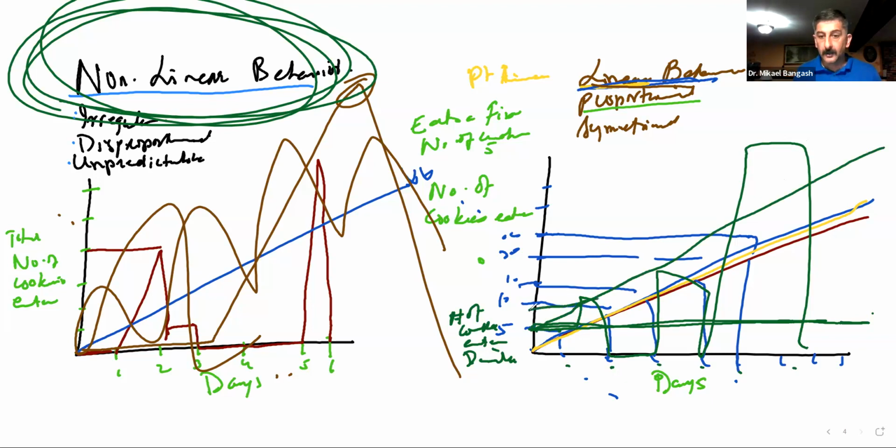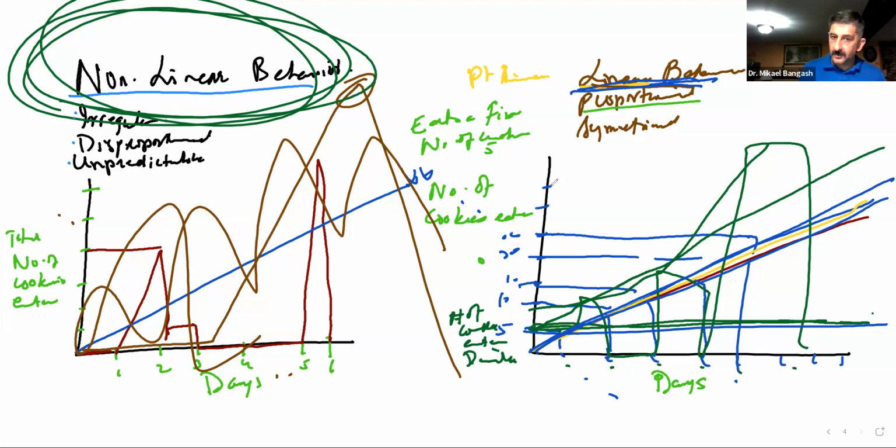The line goes more like this, and then all of a sudden up. So for it to be linear, it has to be a straight line, whether it's a straight line like this, or like this, or even like this.